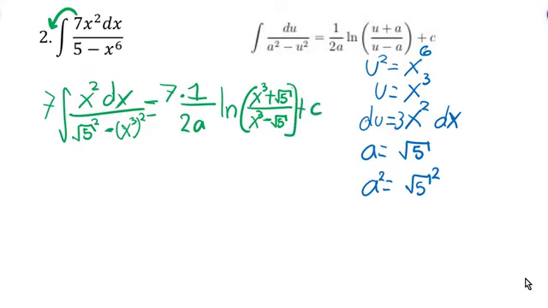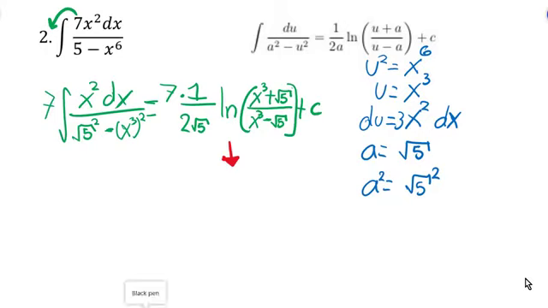And we're almost done. Now let's simplify this. So we got 7 over 2a. We know that a is square root of 5.